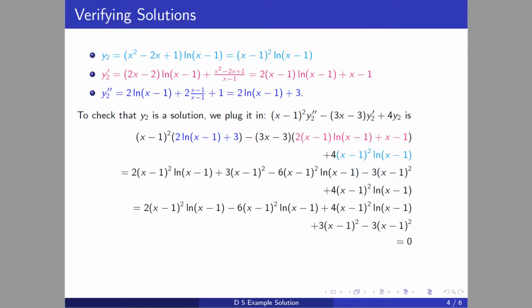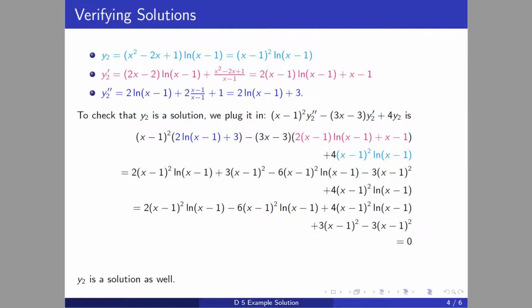And if you run all this through at the end, you'll get 2(x minus 1) squared times log(x minus 1) minus 6(x minus 1) squared times log(x minus 1) plus 4(x minus 1) squared times log(x minus 1), and all of those cancel. The 2 and the 4 cancel with the negative 6 again. And as an extra bit here, we have the 3(x minus 1) squared minus the 3(x minus 1) squared, which also cancels. So y2 is in fact a solution.